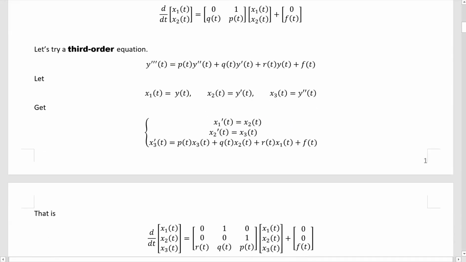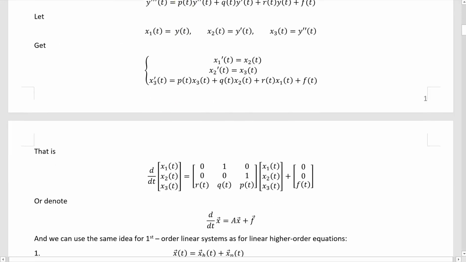Okay. And now we can also write it in terms of a matrix. On the left hand side, we have the derivative of x1, x2, and x3 with respect to t. On the right hand side, x1, x2, and x3 are the variables, and then the coefficient functions. Look at the first one: we have 0 x1, 1 x2, and 0 x3.